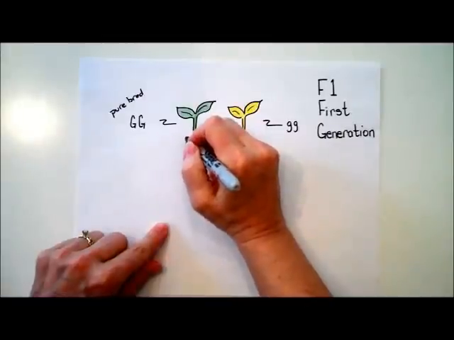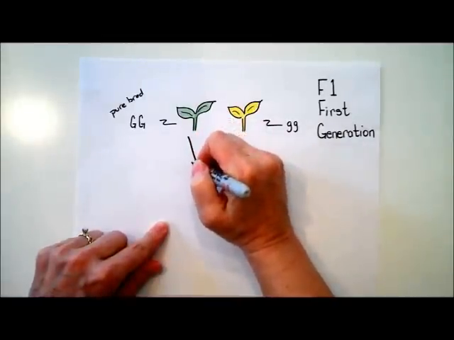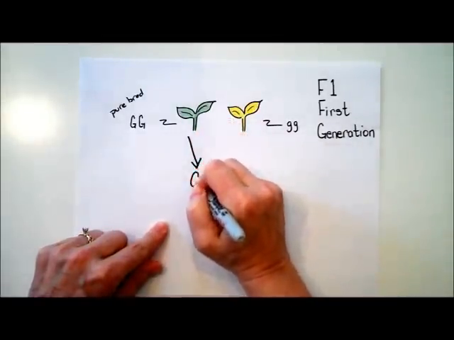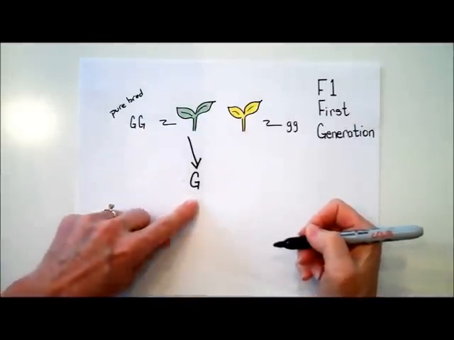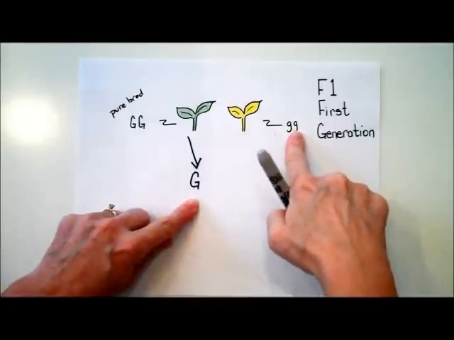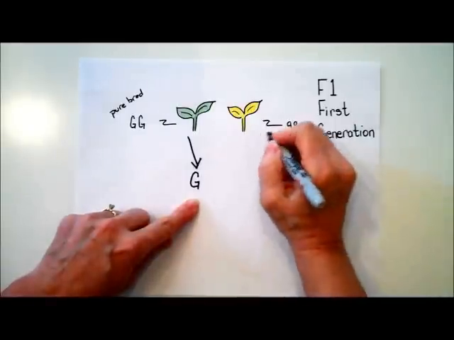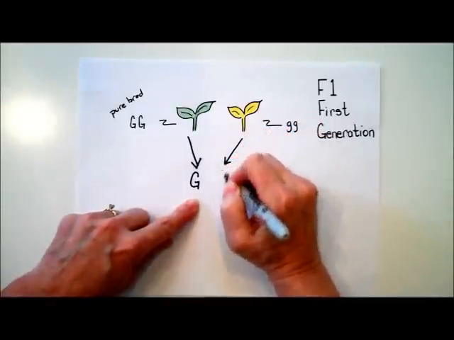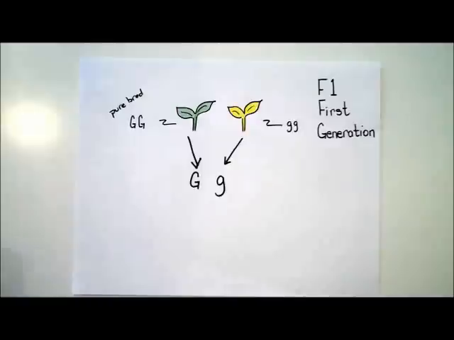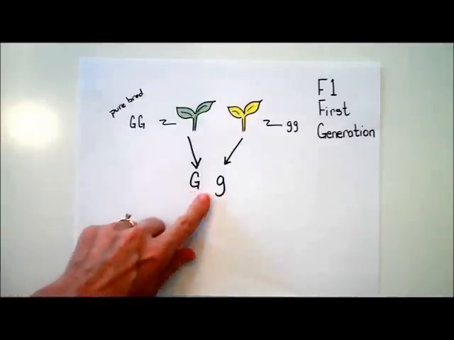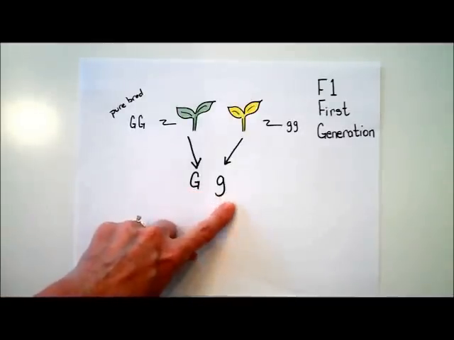In this case, the green purebred plant only has uppercase or dominant genes to donate, and the yellow purebred plant only has lowercase g's or recessive genes to donate. The offspring have one dominant allele for pigment, represented by the capital G, and one recessive allele, represented by the lowercase g.